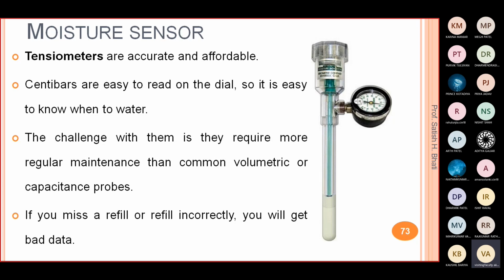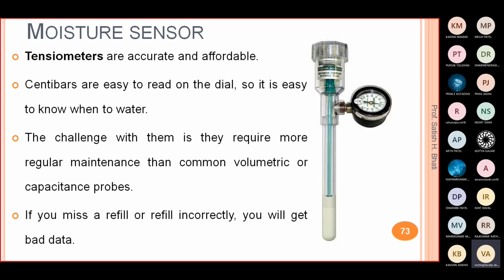The disadvantage or challenge with this type of moisture sensor is that they require more regular maintenance compared to other types of soil moisture sensor. Why do they need maintenance?